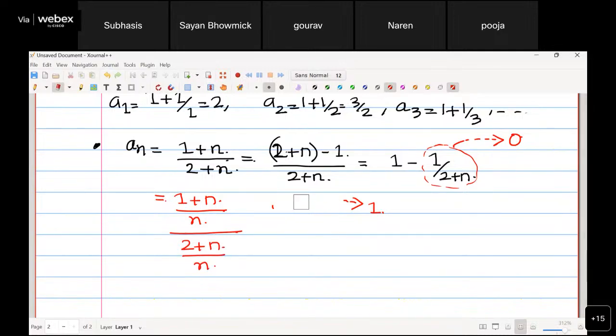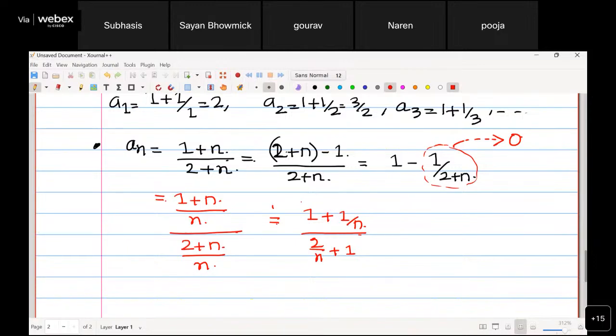So in that case, this is basically 1 plus 1 by n in the numerator, and 2 by n plus 1 in the denominator, right? So now this is my sequence. I'm basically writing the same thing in a different form.